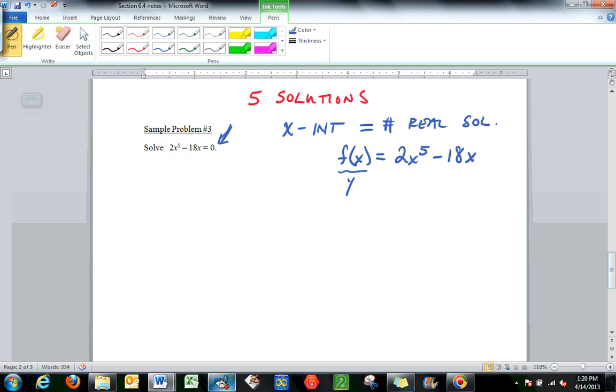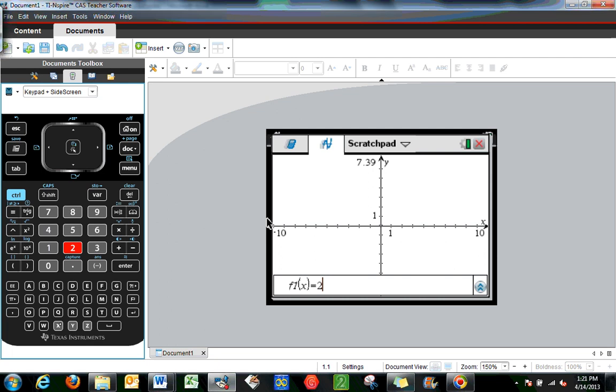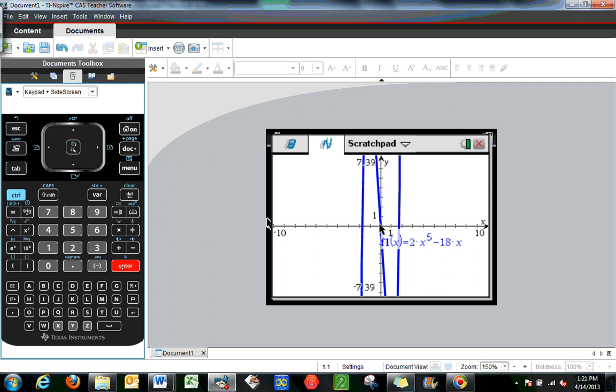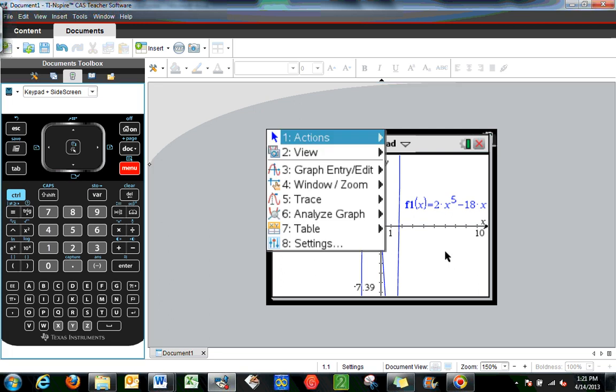So let's take a look at that graph. We're going to say 2x raised to the 5th power minus 18x. I'm going to hit enter. We get this graph that looks like this, and you don't see the whole thing here, so we can zoom out a little bit.